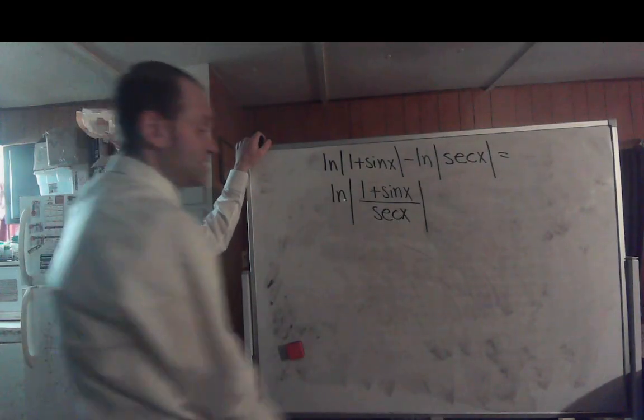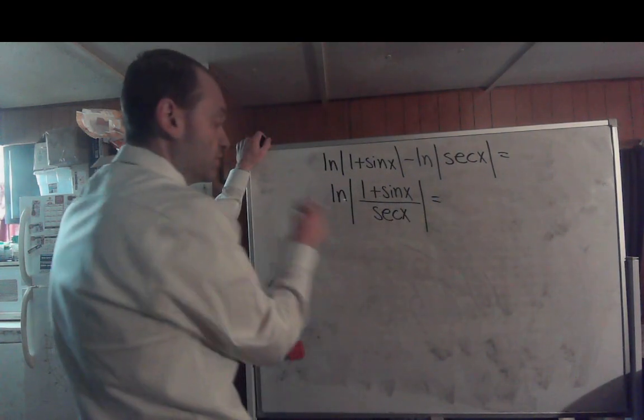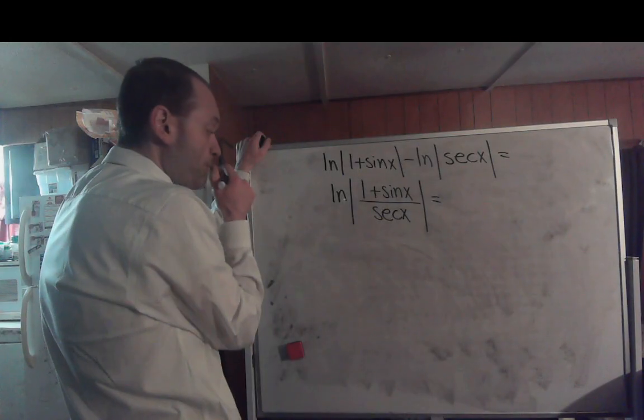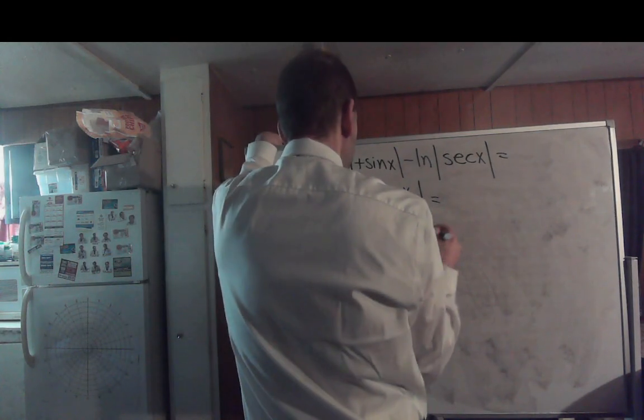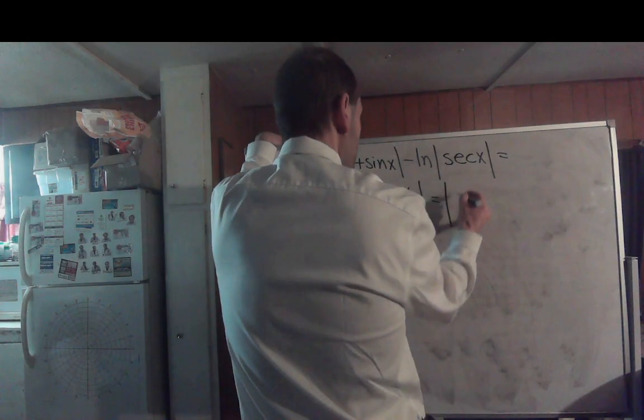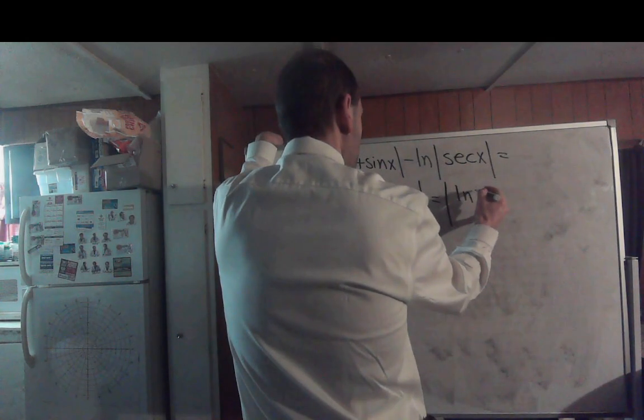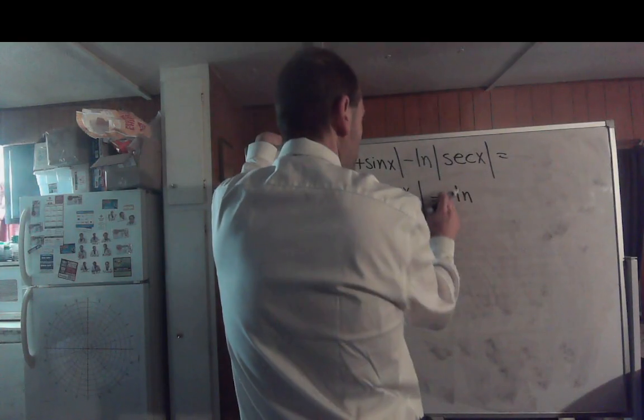which the secant is the same as 1 over cosine. So this should turn into the natural log. Why am I doing an absolute value on the natural log?